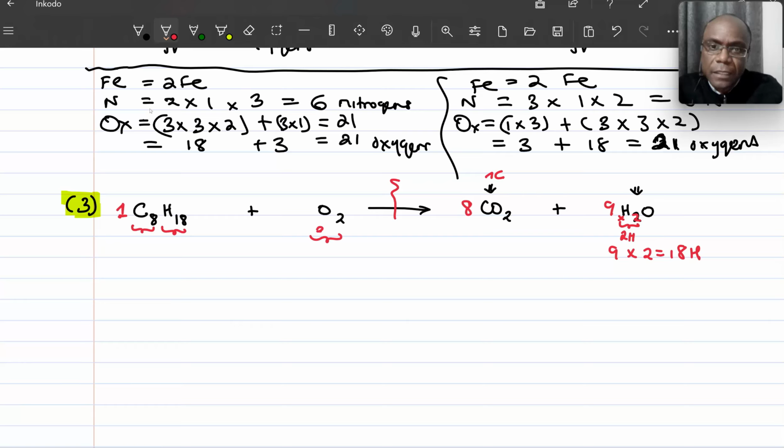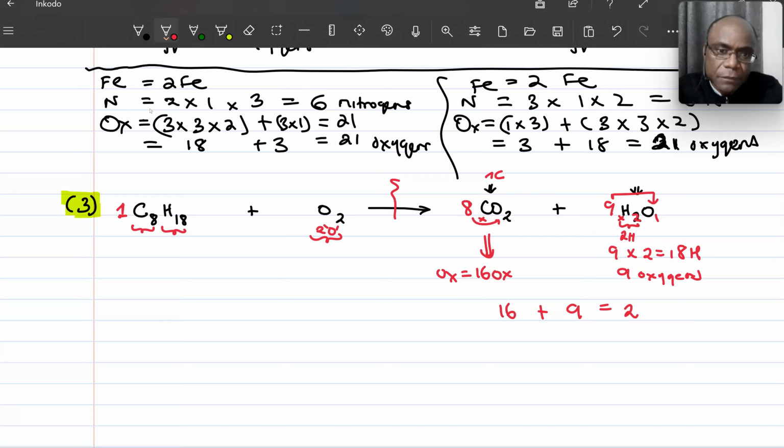Here I see I have 2 oxygens, but then on the right side, I have 16 oxygens here, 8 times 2, and here I have 9 oxygen, 9 times 1. So if I take 16 plus 9, that gives me 25 oxygens.